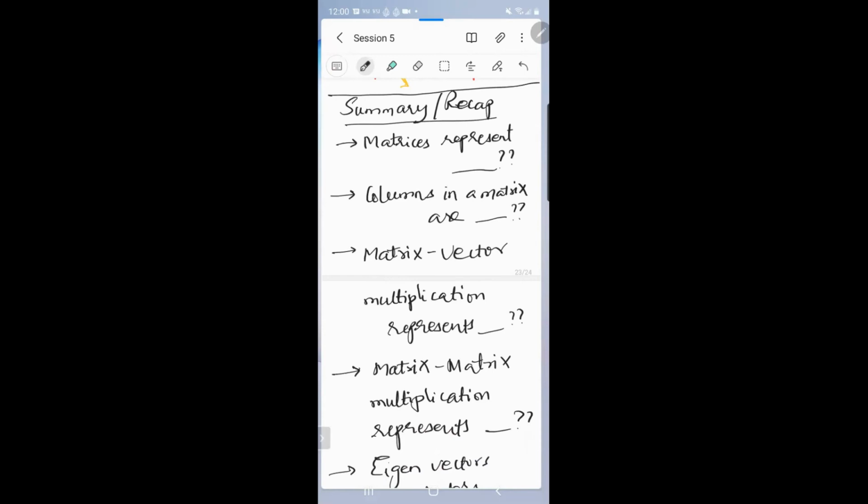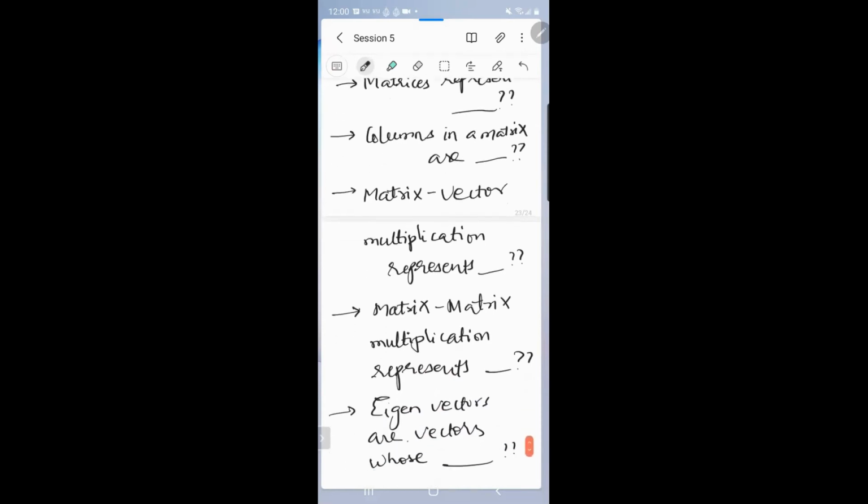Okay, perfect. What do the columns in a matrix represent? The x and y coordinates. Of what? Of each vector.